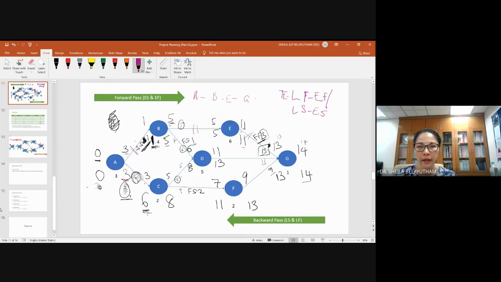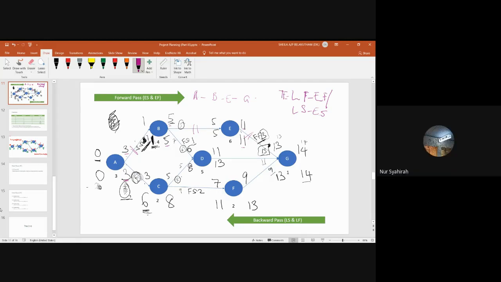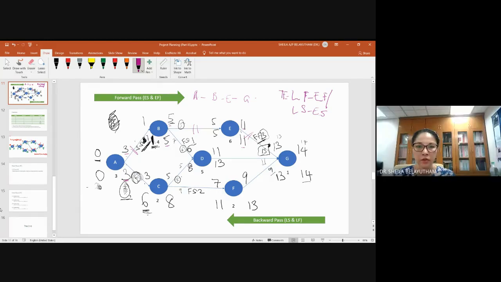Okay, how about other activities? For example, activity C. What is the total float for activity C? 3. Okay, so 8 minus 5, your total float will be 3. And then activity D, the total float will be 13 minus 11, you get 2.